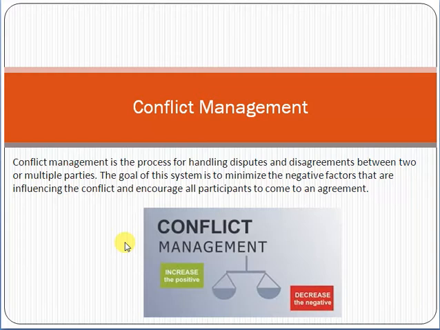There are slight differences, and different scenarios will be given to you. The questioner will not ask you the difference directly; he will give you a scenario and you have to choose the right answer. So it is very important to understand the concept of conflict management.